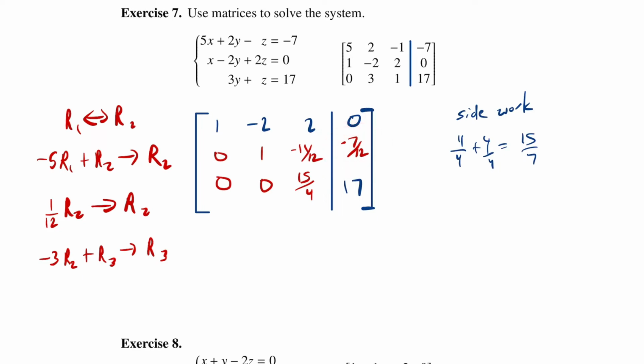That's going to be positive 7/4 plus 17. Well, 17, we need to get the common denominator, which is 4. So 4 times 17 is 68. 68 plus 7 is 75/4.